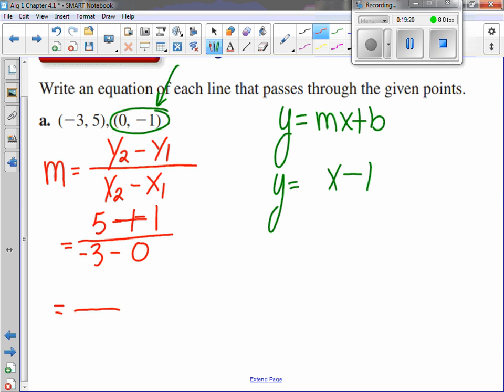Well, a negative and negative would make a positive, so 5 plus 1 is? Negative 3 minus 0 would be? Negative 3. On top? Yes. Because our negative and negative would make a positive.